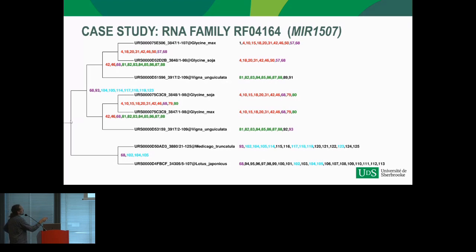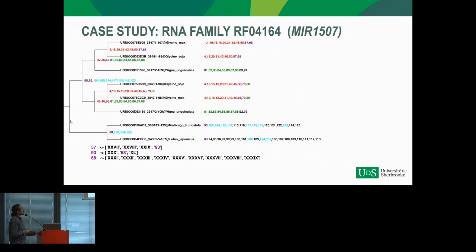So here each leaf represents an RNA, and the numbers represent the IDs for the different clades that have been associated to each of them that are present in the list here, and after you have the list of clades for the ancestral node. So here there is a color code.